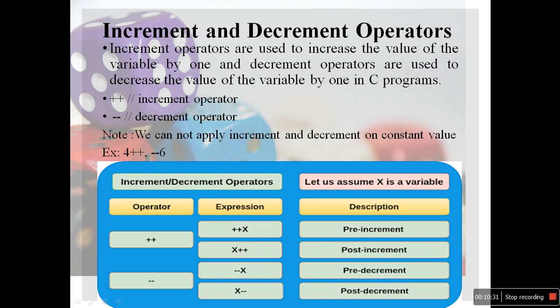So what is the meaning? x plus plus means that the value will be incremented after, that is post, and plus plus x means pre-increment. First the value will be increased. Same in minus, pre-decrement and post-decrement.